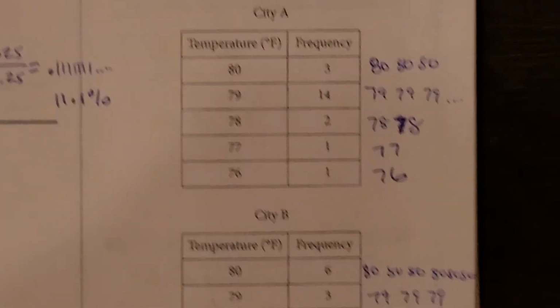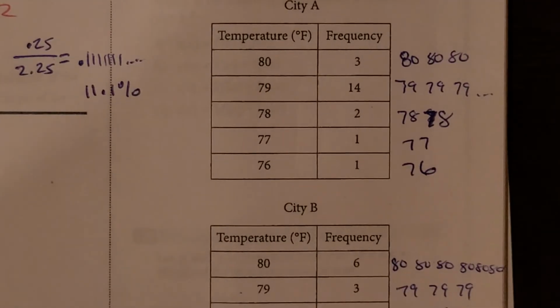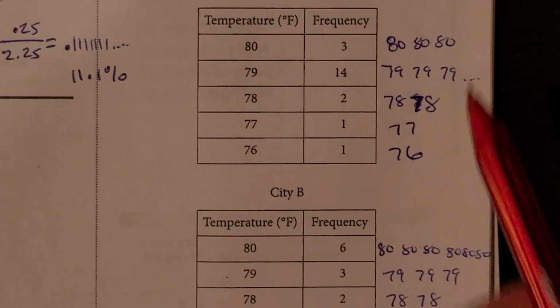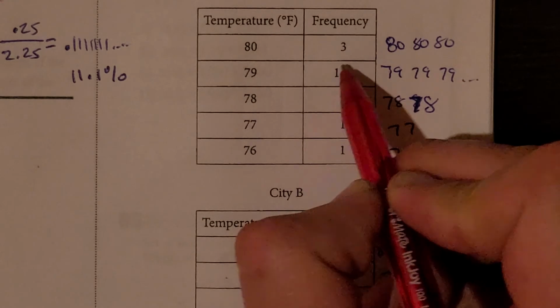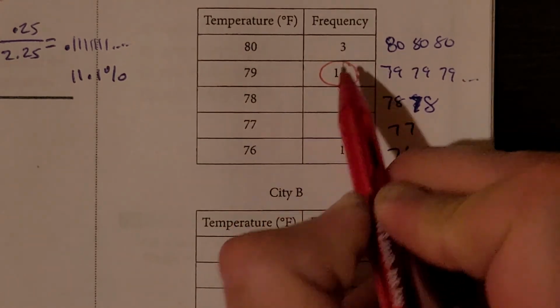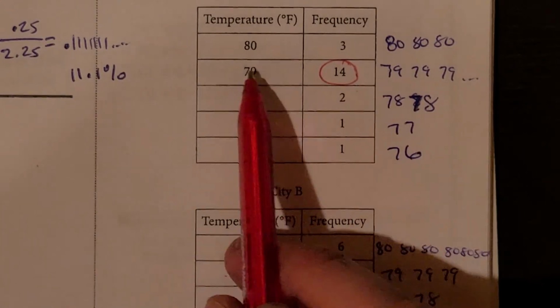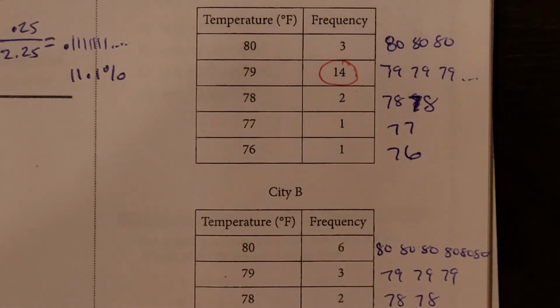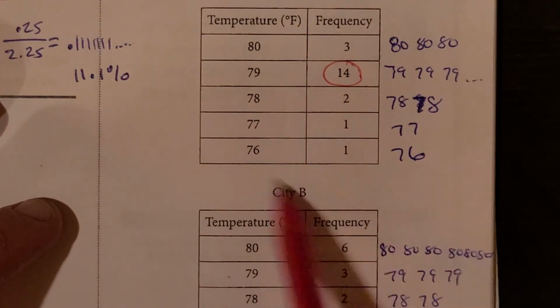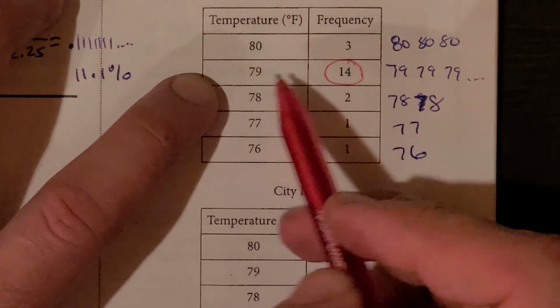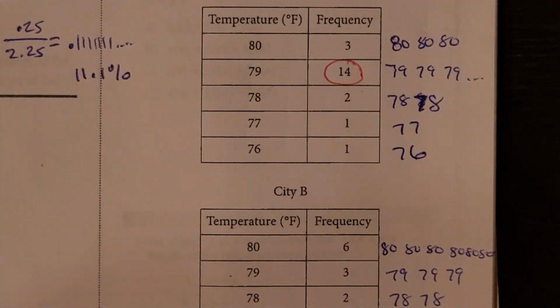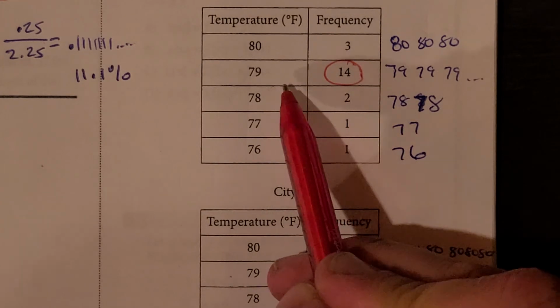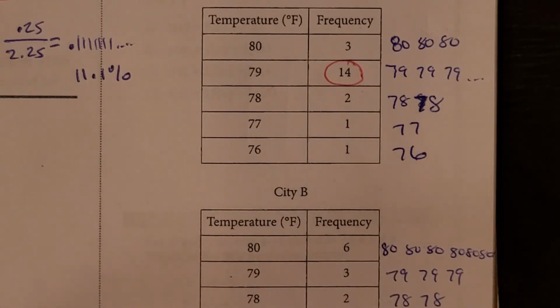If I look at this first one, it looks like a lot of the data points are right here. 14 of the data points were at 79 degrees. So the average is probably going to be somewhere around 78, 79 degrees, right? And most of the data points are near the average. That means my standard deviation is very small.